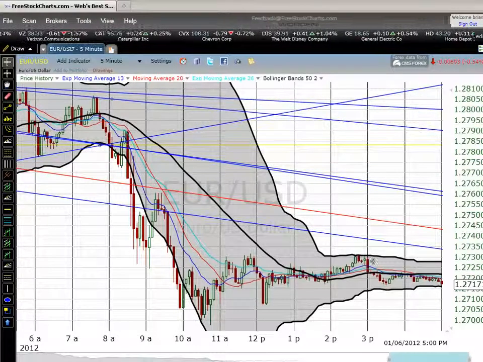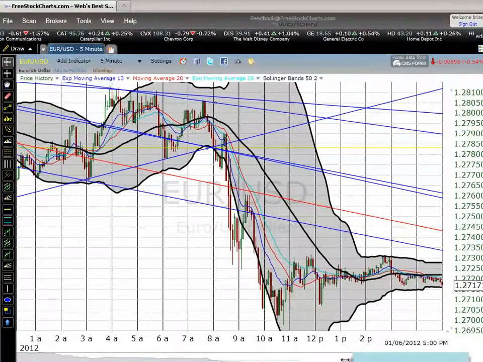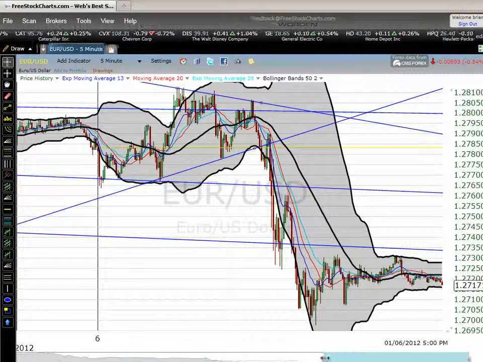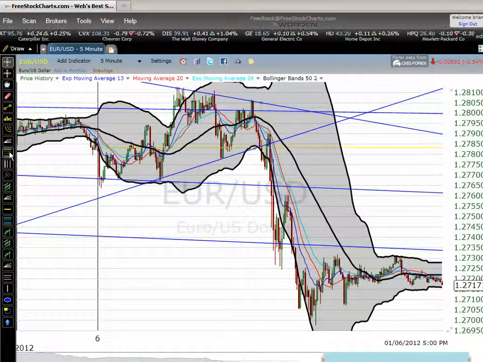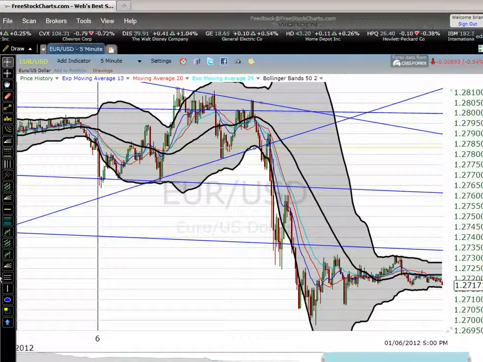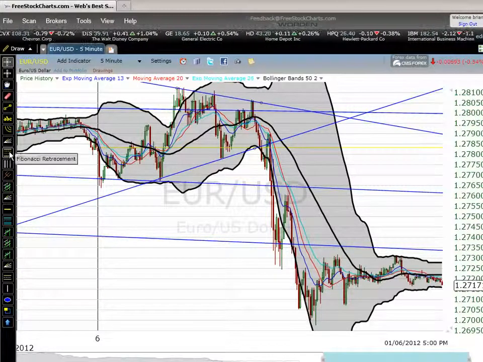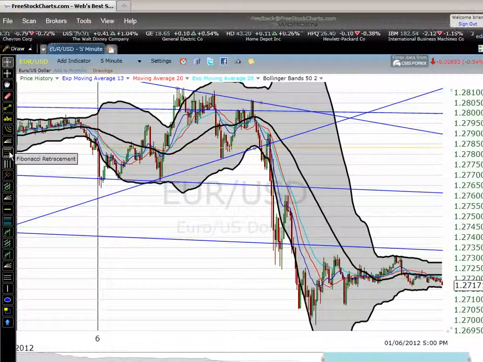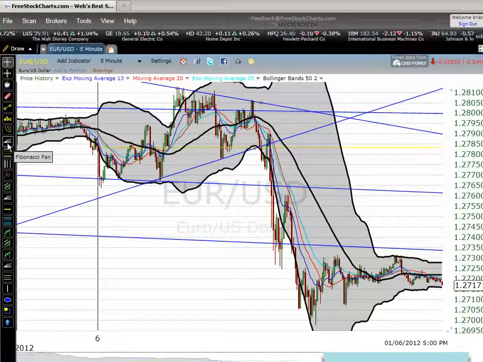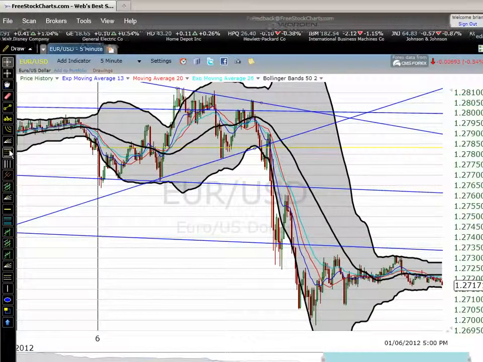I erased the ranging channel lines from the previous day when I drew them on the small time frames, because they're going to get annoying really soon. On the side, you'll notice that all your drawing tools are here. There is the Fibonacci retracement, which we'll be using, and there's also a Fibonacci fan, which I have not used yet, so just make sure you pick the right one.